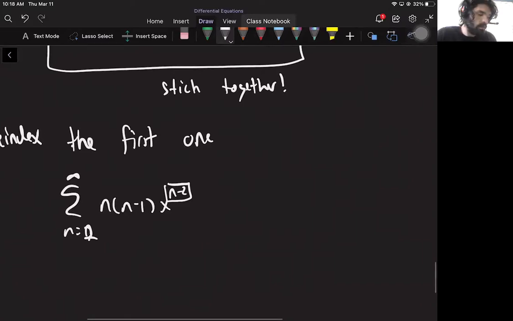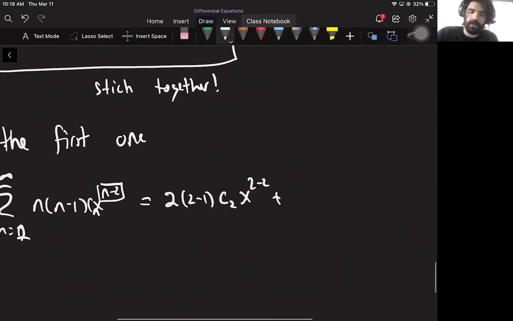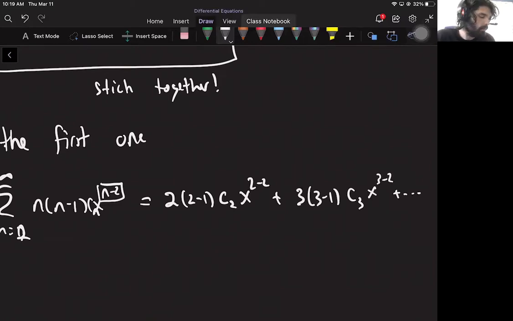It might help to just write out a couple terms. There's also a c_n there. So if I plug in 2, I get 2 times 2 minus 1, c_2, x to the 2 minus 2. If I plug in the next term, which is 3, I get 3 times 3 minus 1, c_3, x to the 3 minus 2, and so on like that.